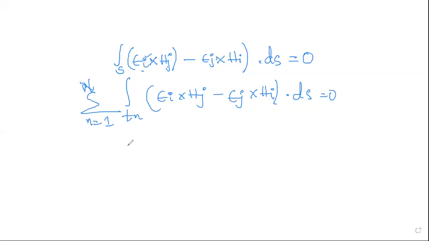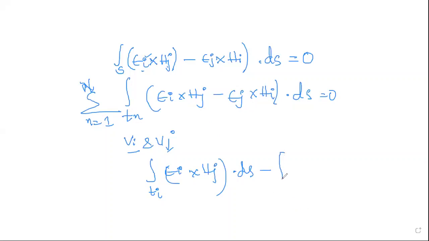All Vn except Vi and Vj are zero. So if I write the same thing, instead of Tn it will be Ti for the ith port, which is the integral of Ei cross Hj dot ds, because only two terms exist, minus the one more remaining term, Tj, the integral of Ej cross Hi dot ds, which is equal to 0.